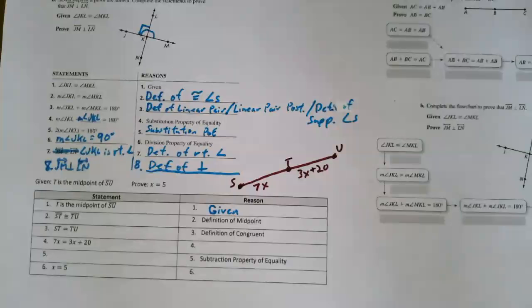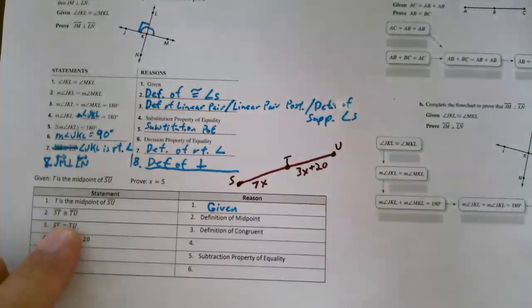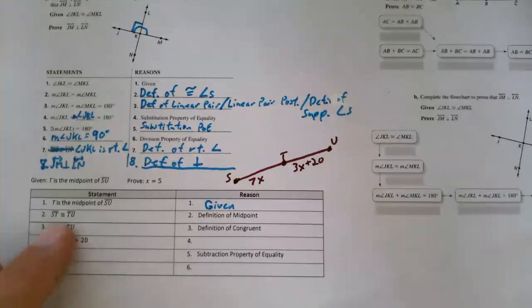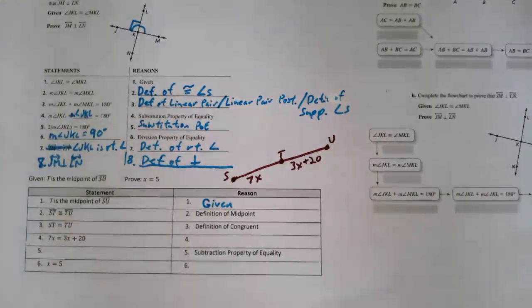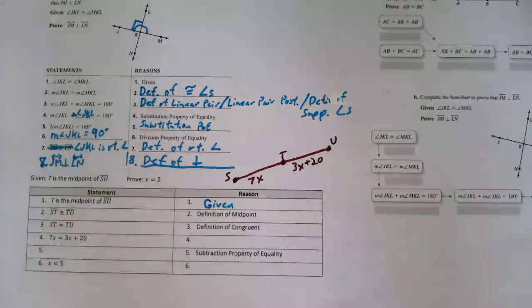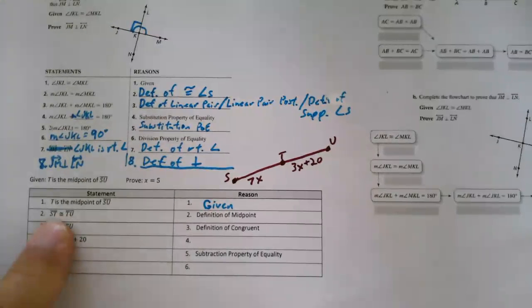Now, look at the steps, all right? We have two steps here. The first step is going to be definition of midpoint. We know that because it is a midpoint, we have congruent segments. That's what our definition of midpoint tells us. It tells us it bisects it into congruent parts. So what are our two congruent parts? ST is congruent to TU.